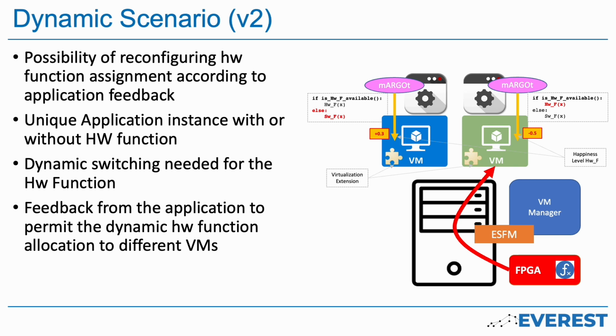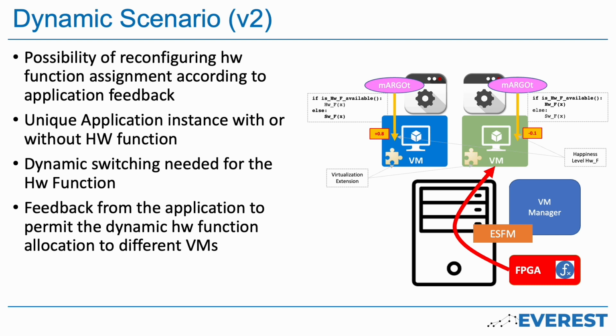In this example, the virtual machine manager decided to detach the hardware function from the blue one and to attach it to the green one. The happiness values are also modified by the application to reflect this actual change. Of course, possible changes in the execution environment or data-aware processing can dynamically modify the application happiness value.